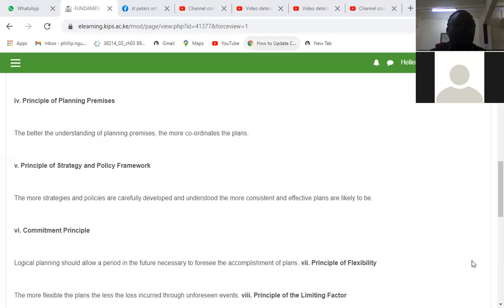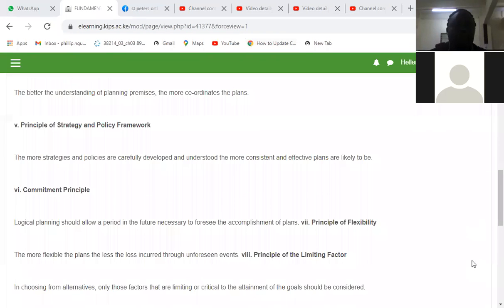Okay. We have also the principle of flexibility. When you say you're flexible, you mean you can accommodate any change.